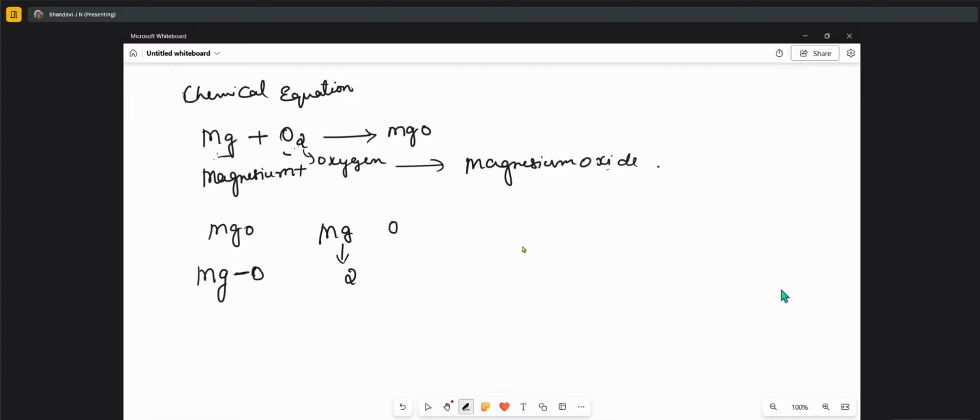Oxygen valency is 2. So cross multiply here. That means 2 magnesium combine with 2 oxygen atoms to form magnesium oxide. 2 combines with 2, or 1 combines with 1. That's how you will get magnesium oxide.